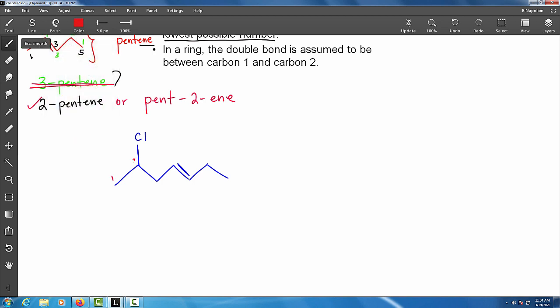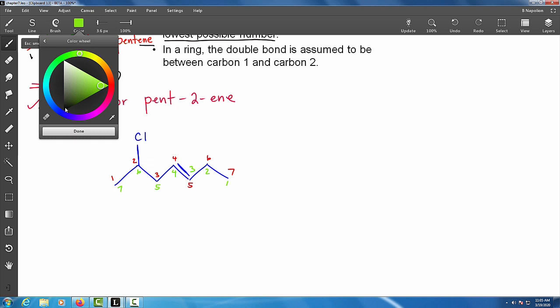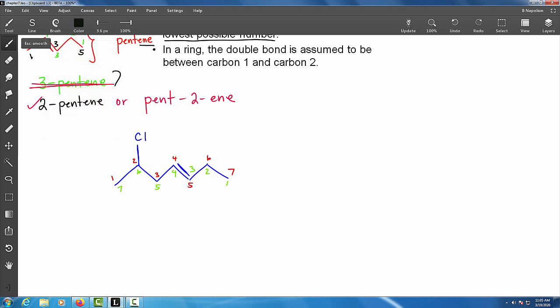If I number this direction, 2, 3, 4, 5, 6, 7, and then I number in green the other direction, 2, 3, 4, 5, 6, 7. So regardless of where the substituent is, I need to have the double bond at the lowest number. Okay? The double bond has to occur at the lowest number.